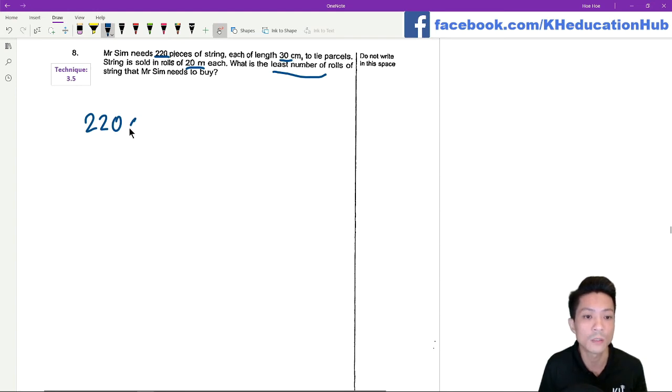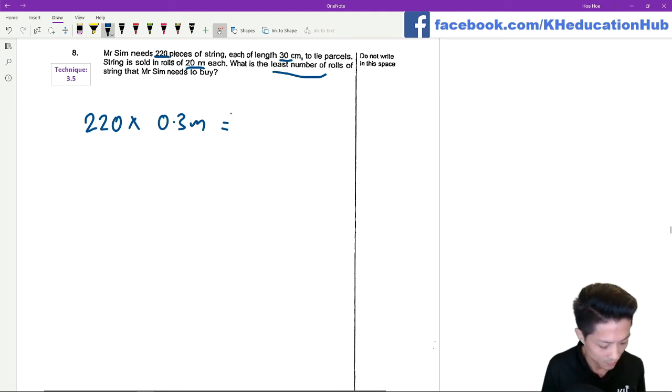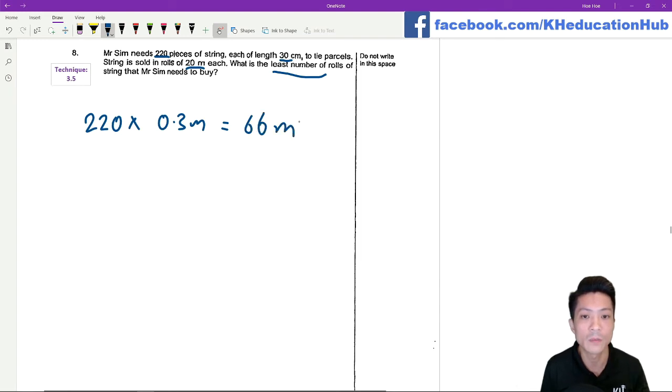Each one of 30 cm. I'm gonna convert it into meter, 0.3 meter. He's going to need 66 meters of string.